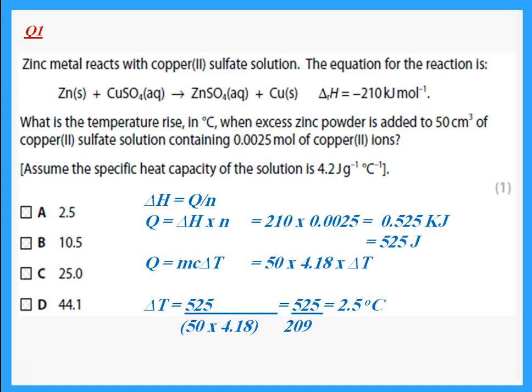C is 4.18 always, or sometimes we put it as 4.2, whatever we say. And delta T is the rise in temperature that we're trying to find. So from that equation, delta T is Q over MC, and it comes out to be 2.5. So that is my answer.